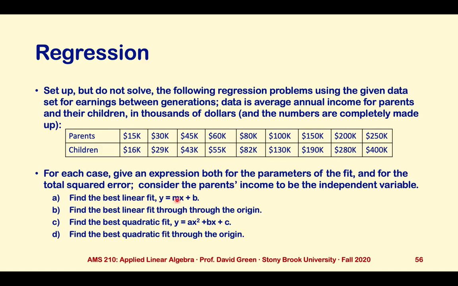And in each case, we want to get an expression that will give us the parameters of the fit, for example, m and b, and for the total squared error. And we want the parental income to be the independent variable, that is the x's, and the children's income to be the dependent variable, the y. I recommend you pause the video, try to set these up on your own, and then resume to look at the worked solution.